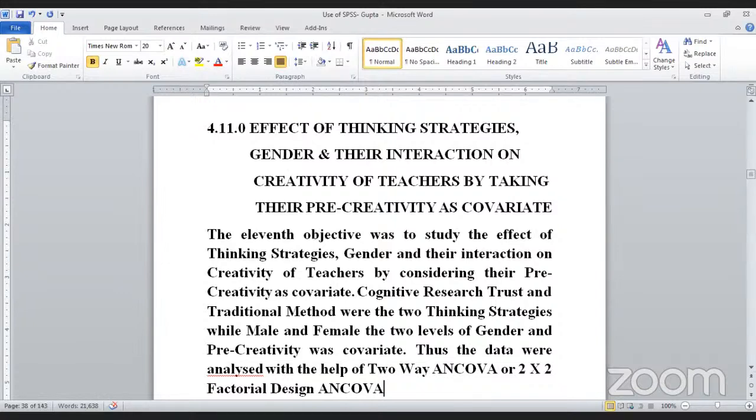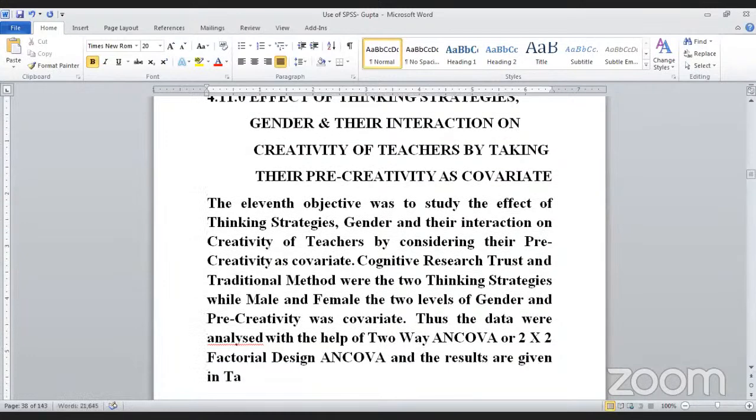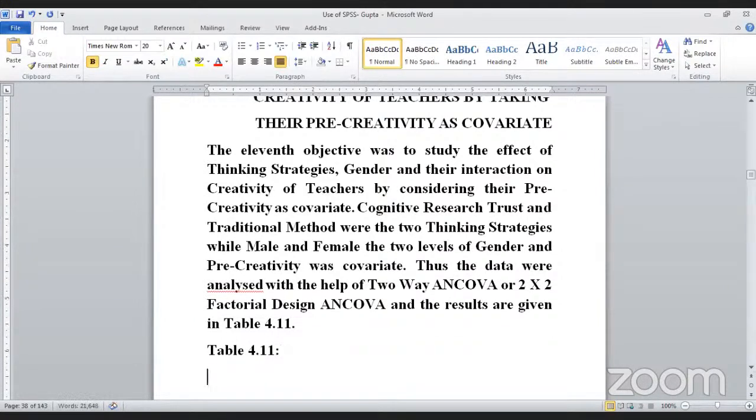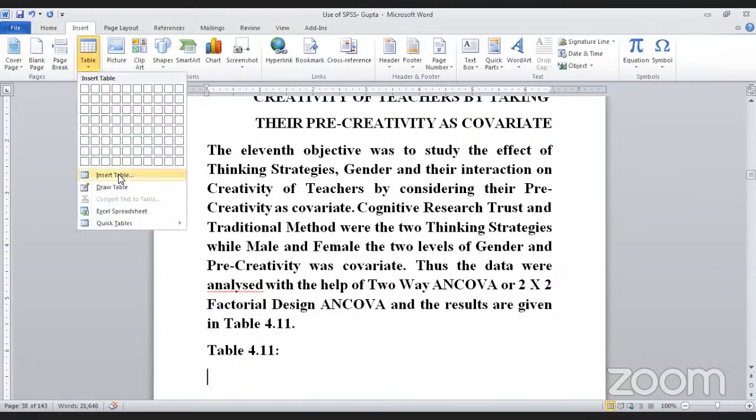Anyone you like. And the results are given in table 4.11. So here I make a table. So let me insert the table here.